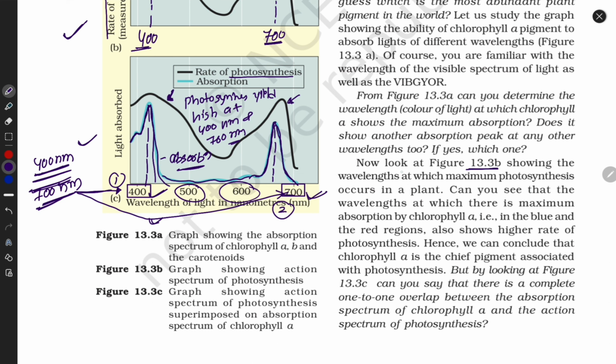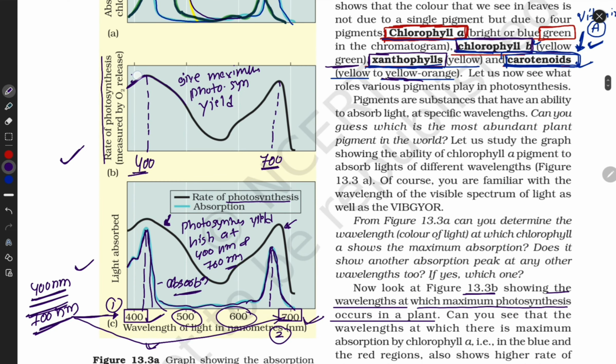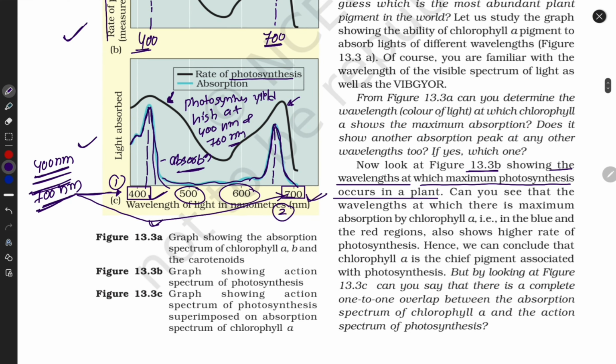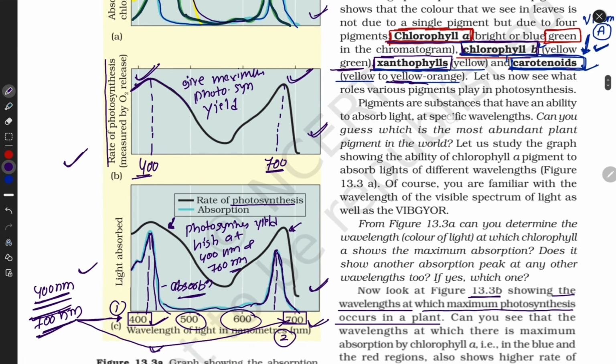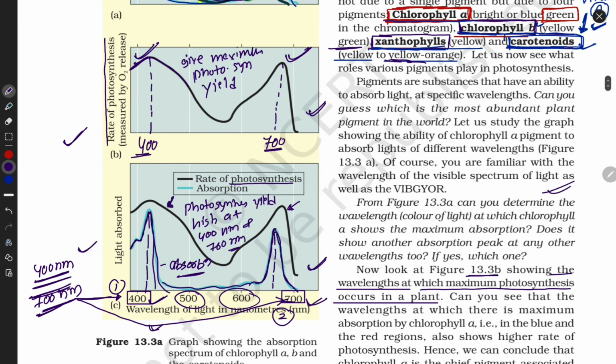What they want to show is the wavelength at which maximum photosynthesis occurs in a plant. Here and here, maximum photosynthesis performance. Whatever I explained here, everything is written here.